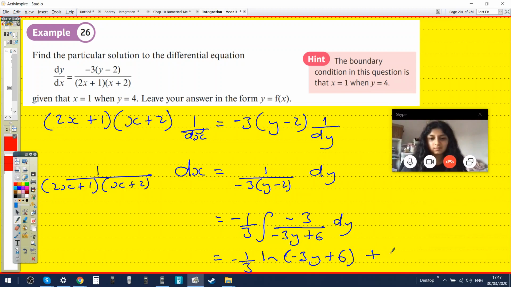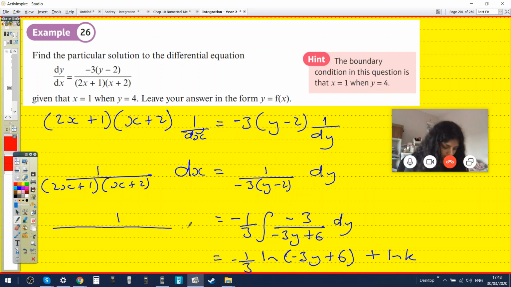Let's say plus ln k. Yeah. And then 2x plus 1, x plus 2. I think it would be the same method, like you have to put the derivative on top. But I feel like that would be hard.